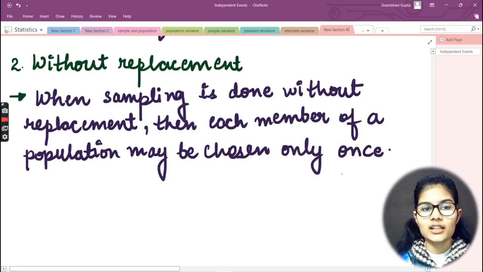So when sampling is done without the replacement, then each member of a population may be chosen only once.